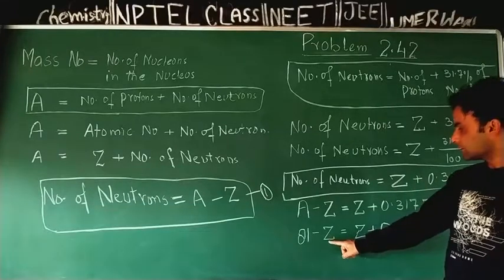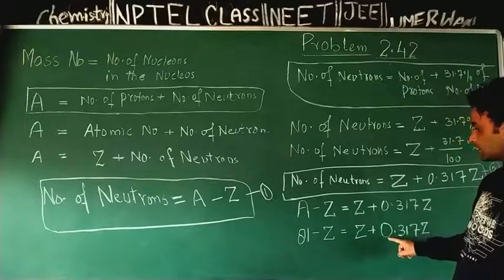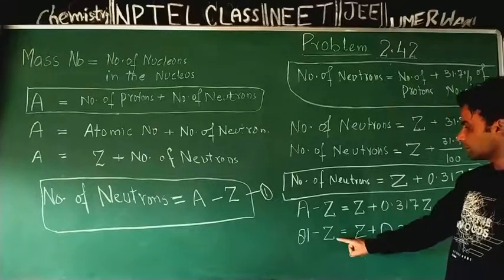See, this Z I can take on RHS side. Then how many Z will be there?